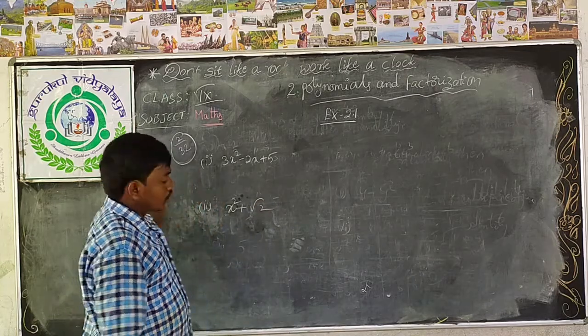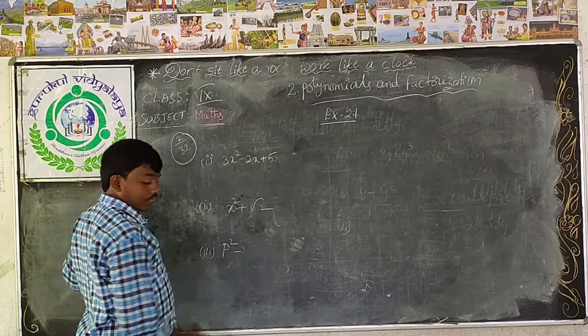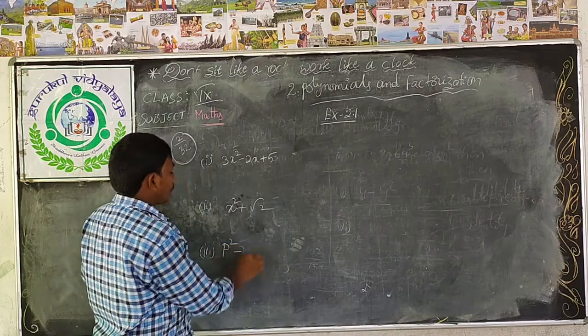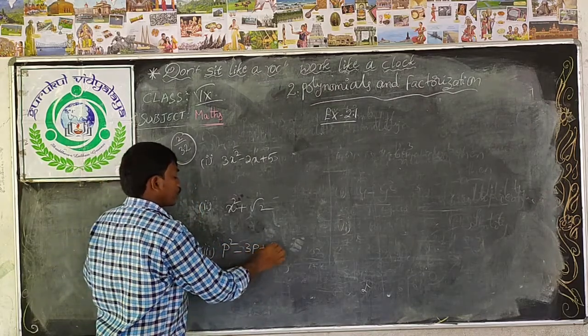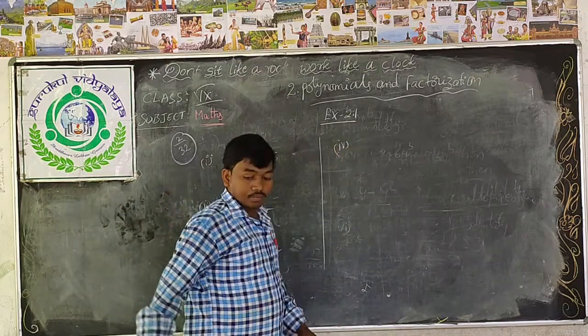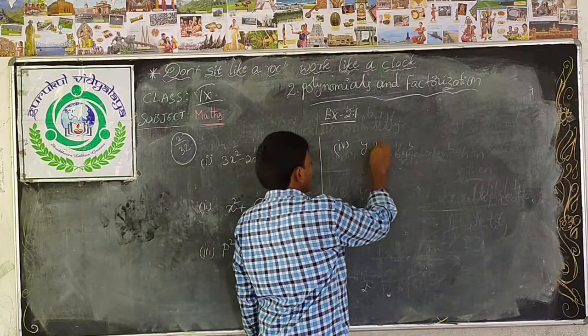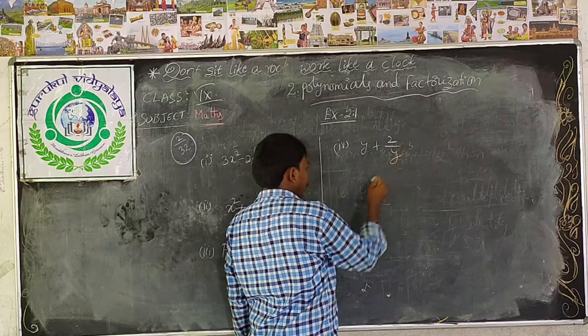Third one, p square minus 3p plus q. Fourth one, y plus 2 by y.